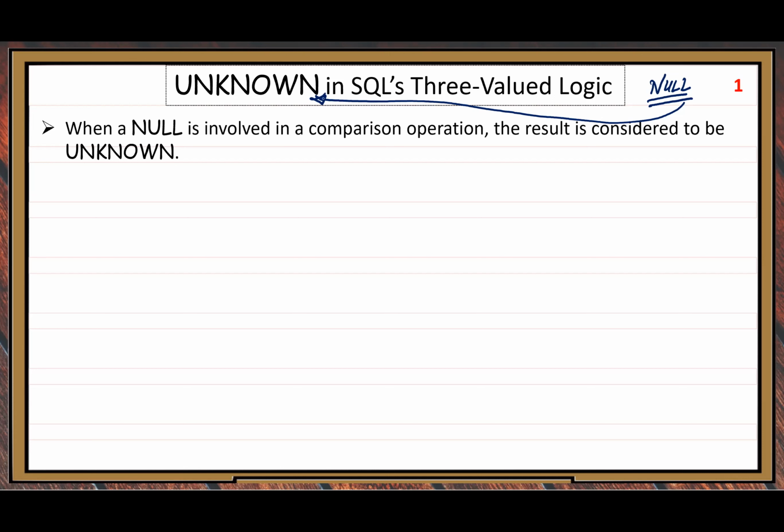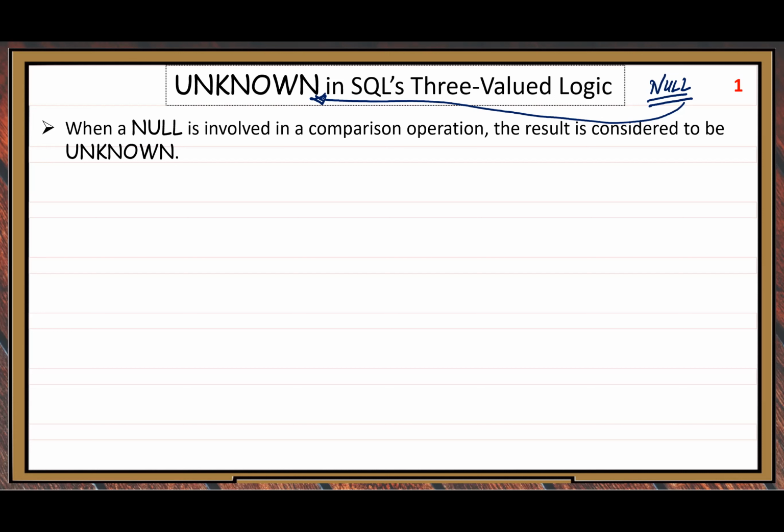Unknown. Because you cannot assign true if you do not know the real value for the null. And you cannot assign false because that could be true. Sometimes it could be true, sometimes it could be false. In that situation, only unknown is appropriate.